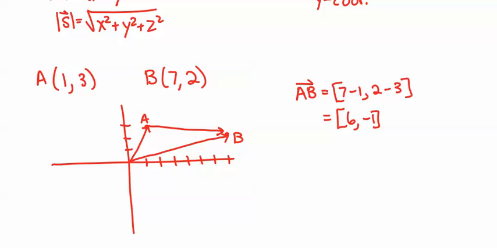And if you look at that, it does make sense because from A to B, that's 1, 2, 3, 4, 5, 6. And from A to B, we've gone down 1. We've gone from here to here. So I'm just going to switch colors. So that's like our y component is going down 1, and our x component is going over 6. So that's where we get the negative 1 and the 6 from.